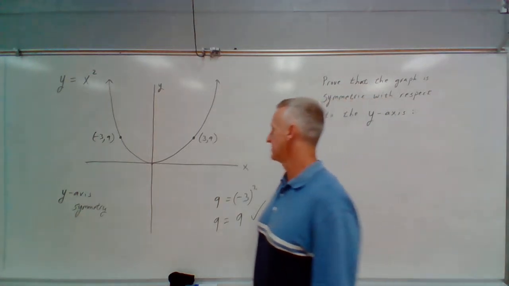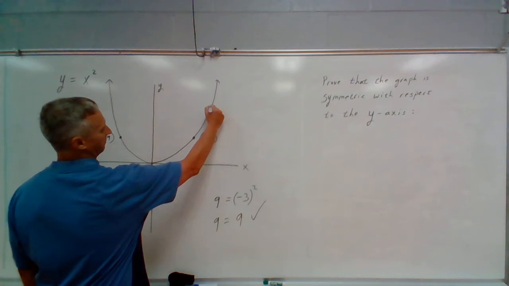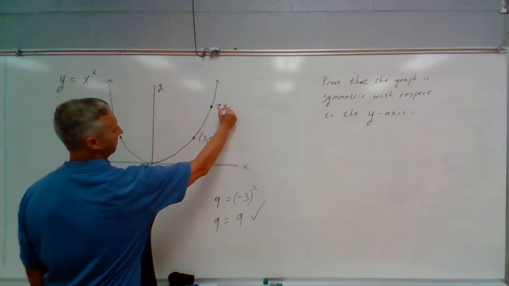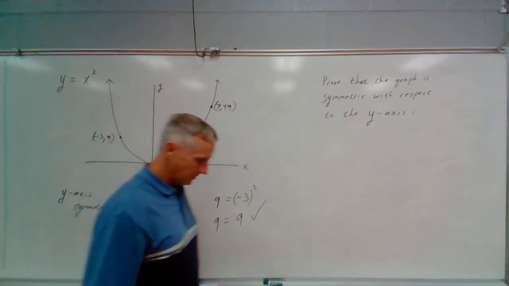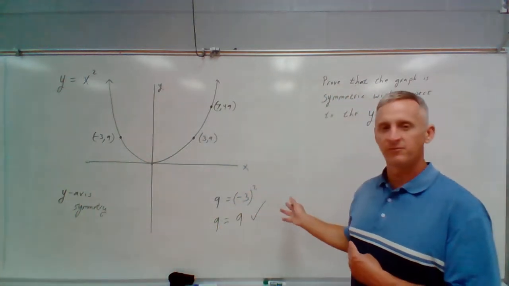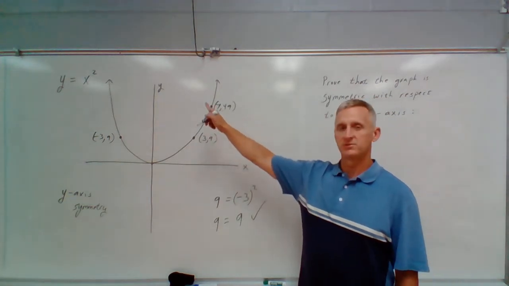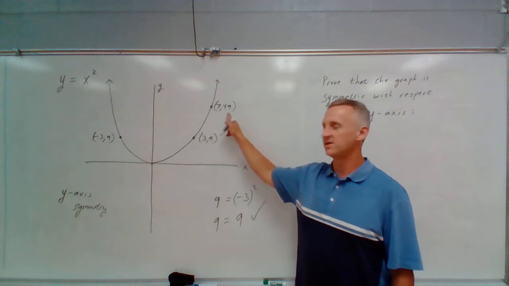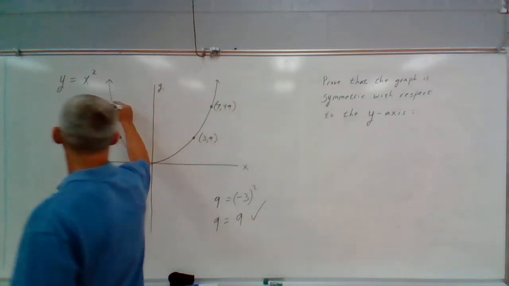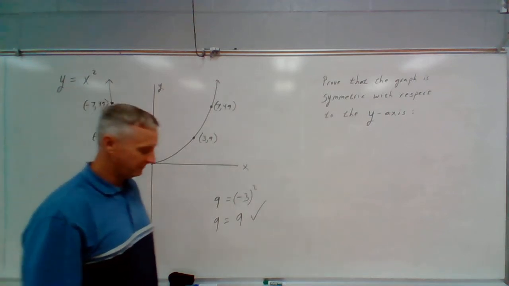Let's try another example. Let's do (7, 49). We know that (7, 49) is on the graph. If this graph is symmetric with respect to the y-axis, and (7, 49) is on there, the point (-7, 49) has to be on the graph.